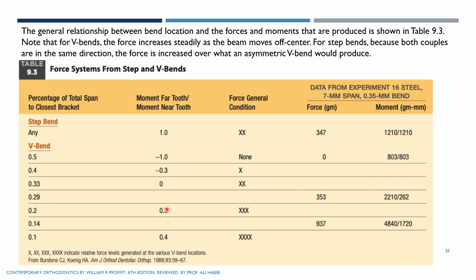When they evaluated the V-bend, at the symmetric V-bend the moment was opposite, about 1, taking 1 as the reference.